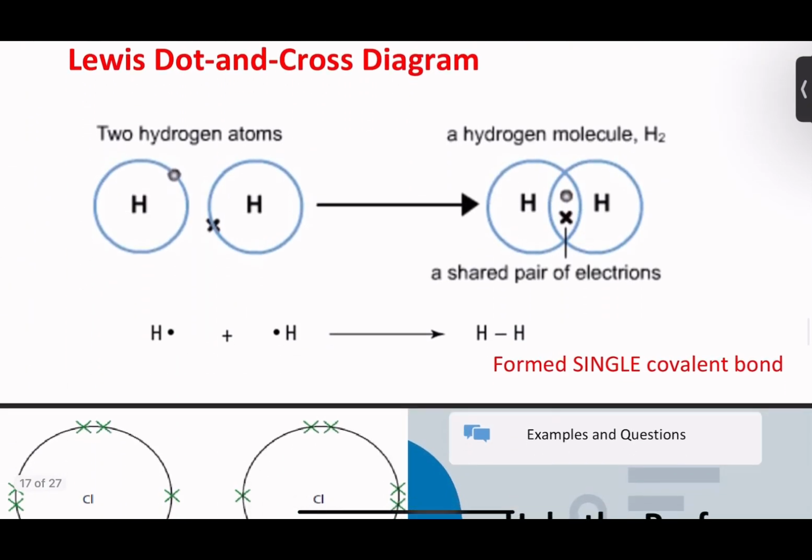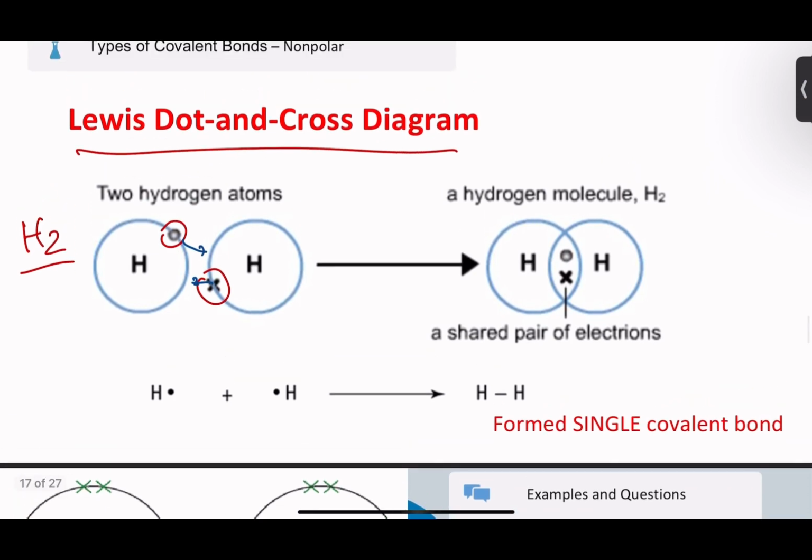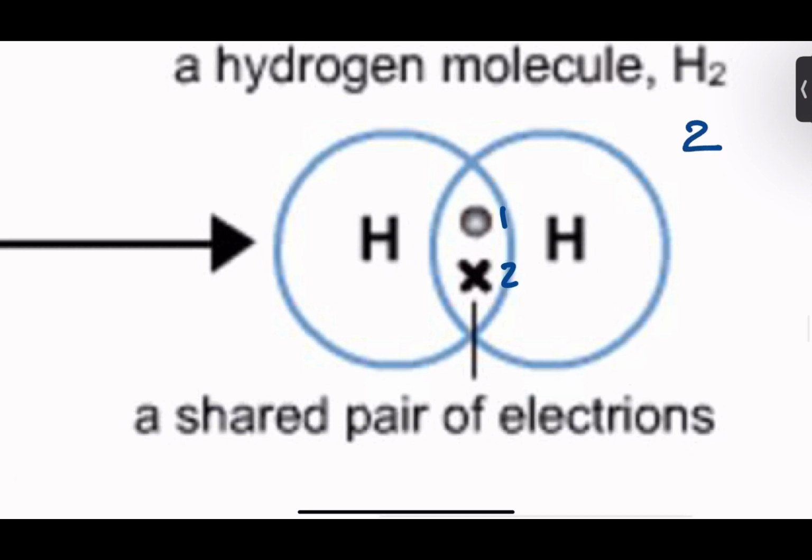Now we're going to do the Lewis dot cross diagram for hydrogen. Hydrogen has 1 and the other one has hydrogen. We're doing it for H2. They share electrons with each other. Look what happens when they share electrons. Let's count the number. I got 1, 2. And I told you hydrogen can only have 2 electrons, because it only has 1 shell.